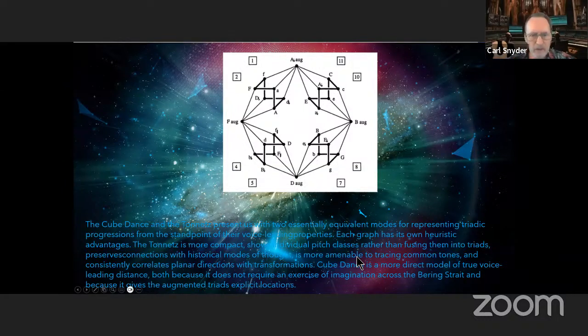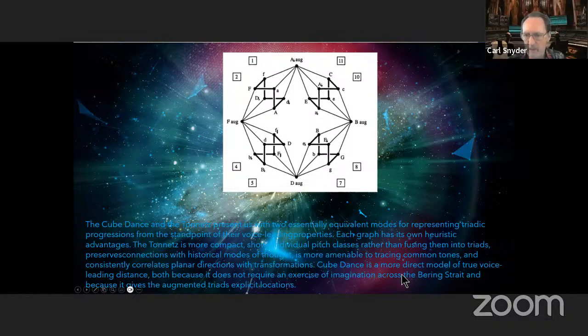The cube dance and the Tonnetz present us with two essentially equivalent modes for representing triadic progressions from the standpoint of their voice leading properties. So that's the way to think about it. Each graph has its own heuristic advantages. The Tonnetz is more compact, shows individual pitch classes rather than fusing them into triads, preserves connections with historical modes of thought, is more amenable to tracing common tones, and consistently correlates planar directions with transformations.